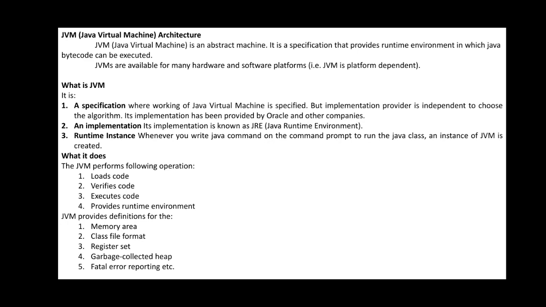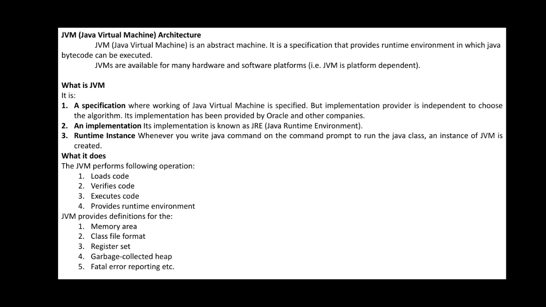Register set is used for defining each and every piece of information to be stored at the specific memory address. Garbage collected heap means if the variable or object is not used for a long time, at that position the JVM is going to move those unwanted, unnecessary objects from the memory area to the garbage collection.